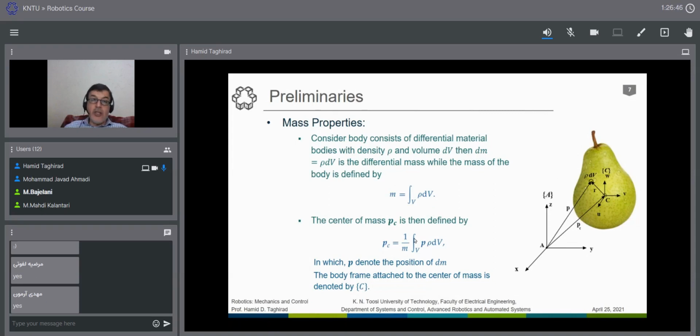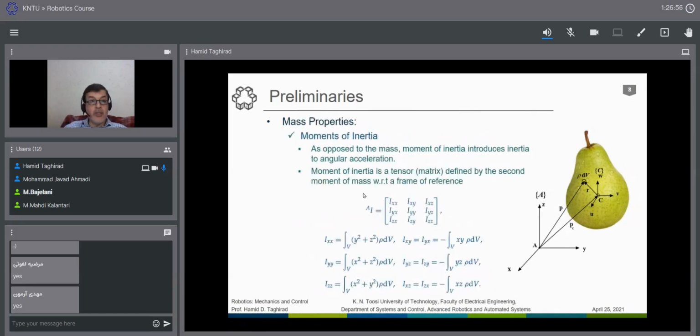The third one is the inertia against angular motion, which we call the moment of inertia. The moment of inertia is a long story. It has many different issues, but for you as a control student or electrical engineering student, you are familiar with matrices, so it is quite easy to understand in some other ways.